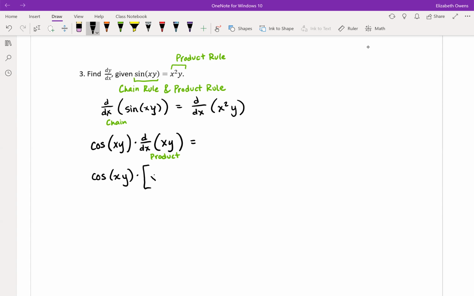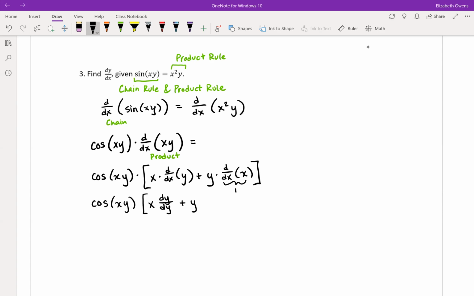We've got our first function times the derivative of the second plus our second function times the derivative of the first. So there's our product rule. And we see the result: x times dy/dx plus y times 1, so just y there.